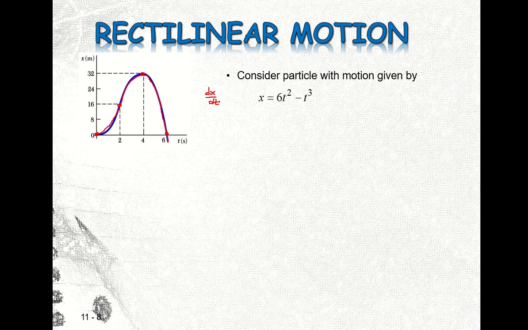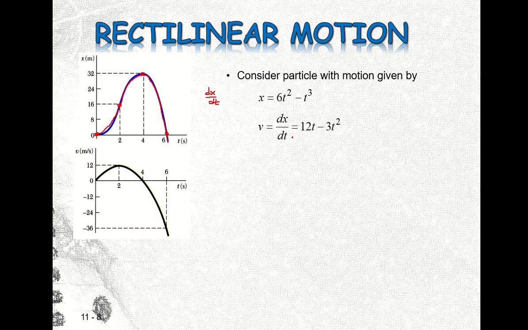Applying the sum rule, this 2 will go down, multiplied by 6 is 12 times t, so 12t, and this 3 will go down, so 3t squared. The derivative of x with respect to t is equivalent to the velocity. When you graph this, this is the graph of the velocity, which was shown in our previous slide.